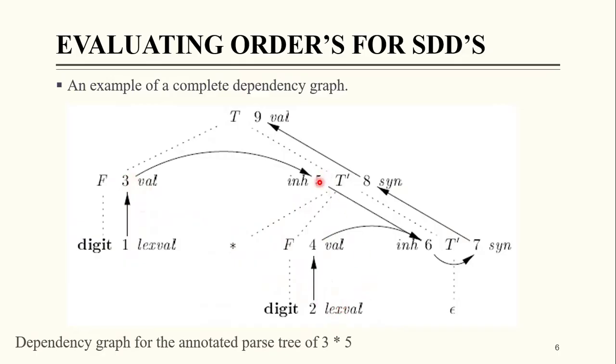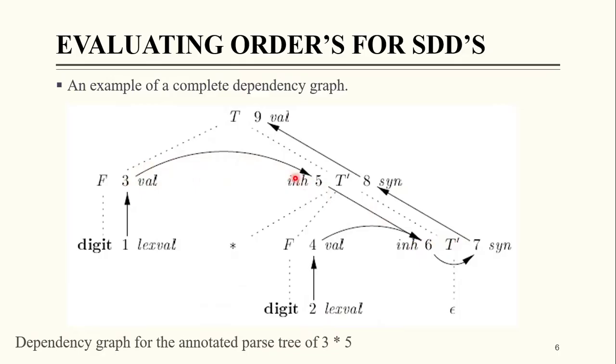Node 5 and node 6 represent the inherited attribute T' dot inh associated with each occurrence of the non-terminal T'. Next, the edge to 5 from 3 is due to the rule T' dot inh equals F dot val, which defines T' dot inh at the right side of the root from F dot val at the left side.